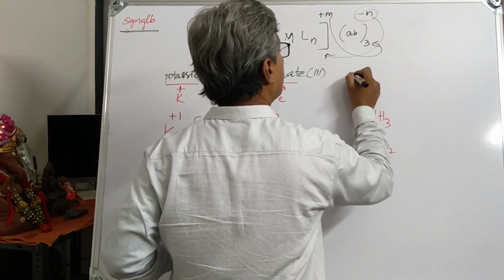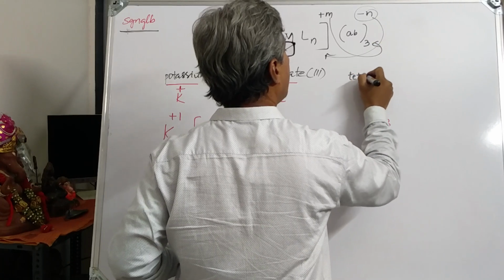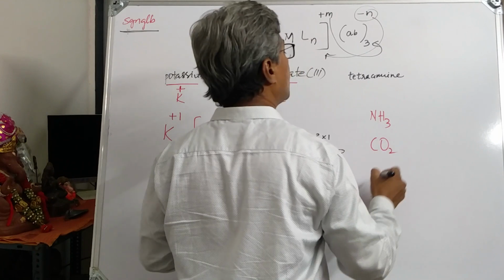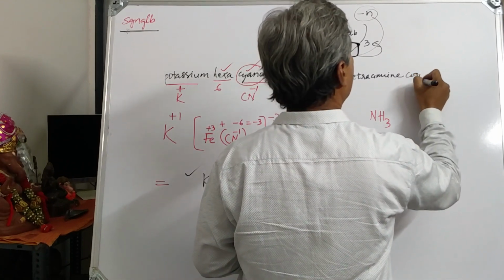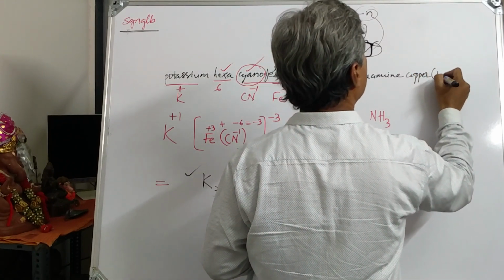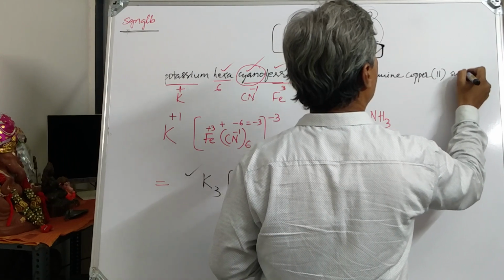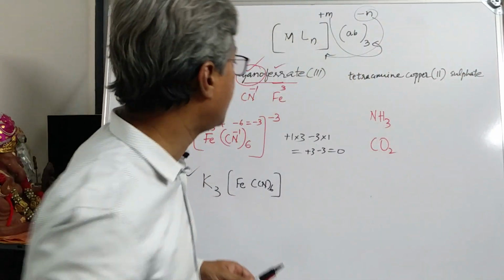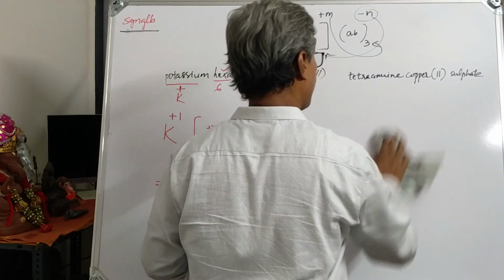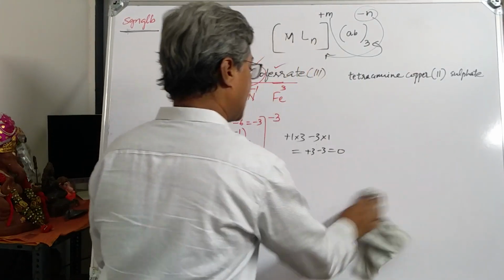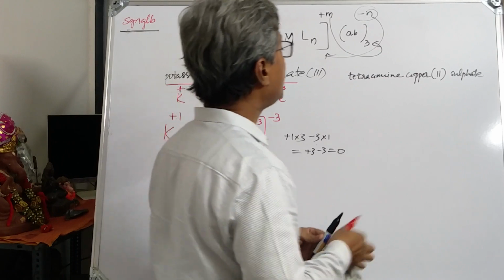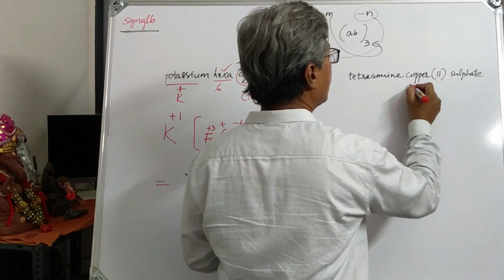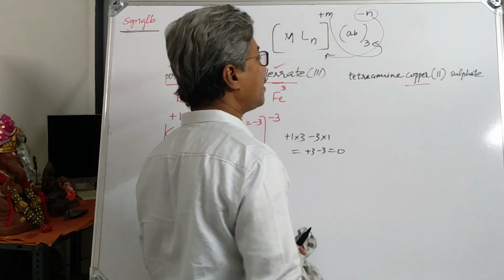Say tetraamminecopper(II) sulfate. What will be its formula? That we'll see. Which is the central atom here? There is only one metal, therefore no question of identifying it.